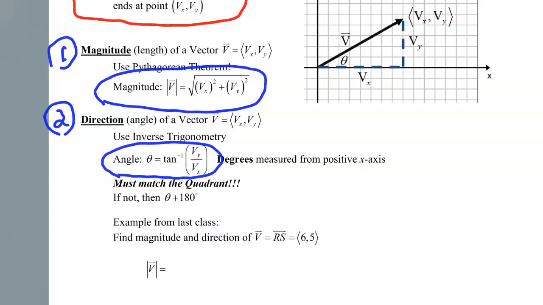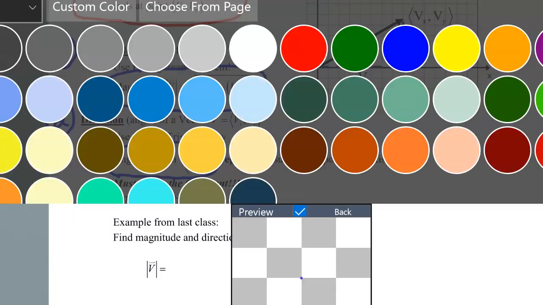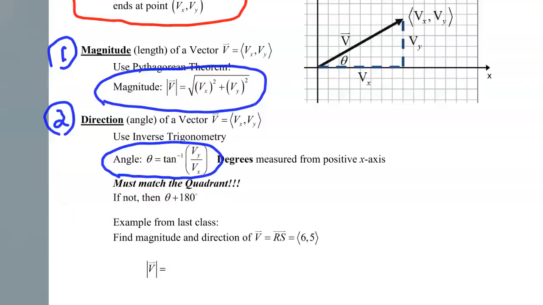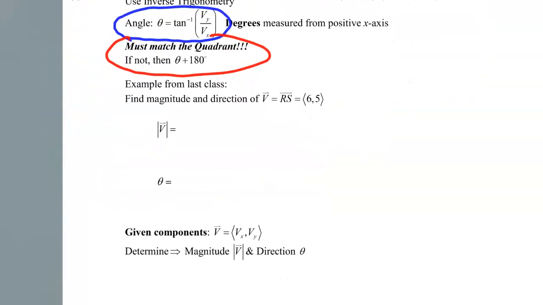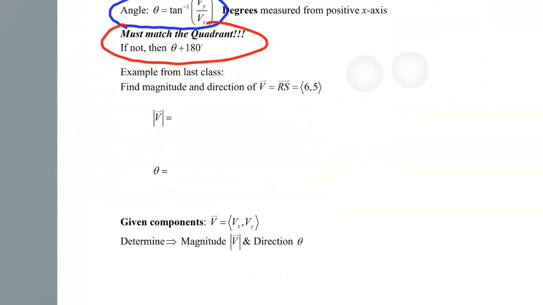But let's be careful. Let's pay attention to the quadrant of the vector. 5, 3 is in quadrant 1, so when I do inverse tangent, I better get a quadrant 1 angle. As an example, this is exactly the same one we did last class.